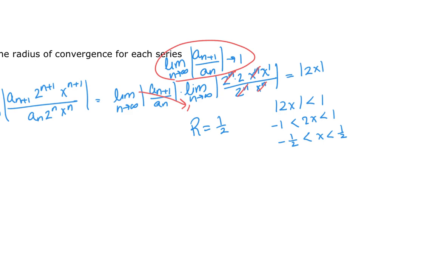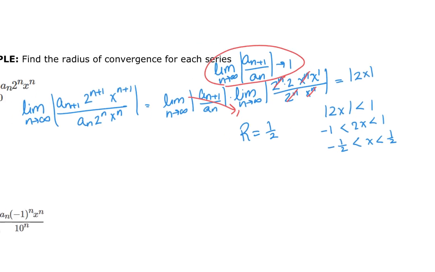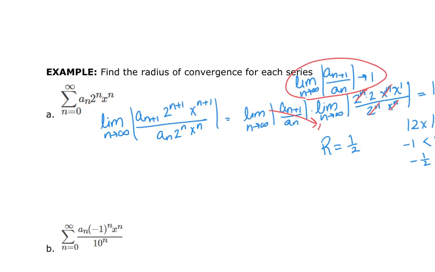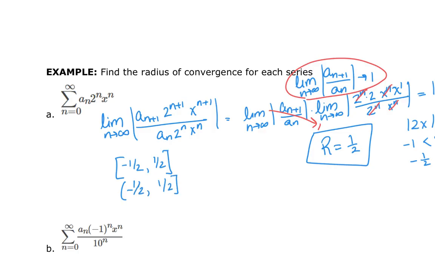Now, if I'm only asked for the radius of convergence, I'm done. So here's my answer. What I don't know without doing some more work is whether my interval is going to go from negative 1/2 to 1/2, where one side is included and the other side isn't. So these are my choices. I could have inclusive on both ends. I could have inclusive on one and not on the other.